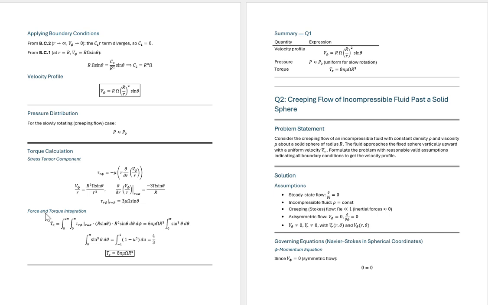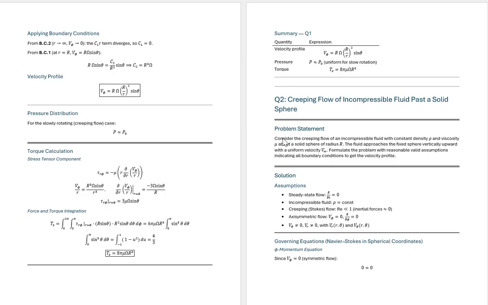So we integrate, as said, Tz is equal to shear stress into lever arm into area perpendicular to the r direction, which is this, and integrating with proper limits where theta is from 0 to pi and phi is from 0 to 2 pi, we get Tz is equal to 8 pi mu Ω R cubed.